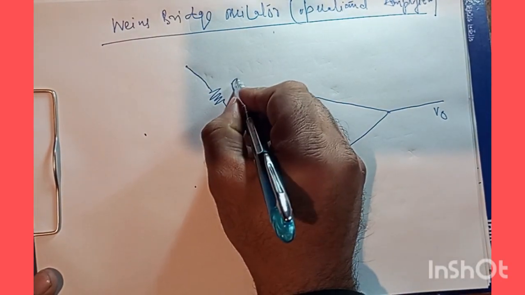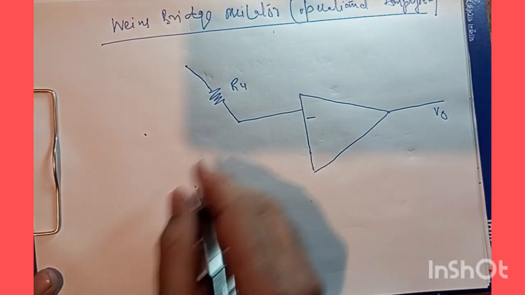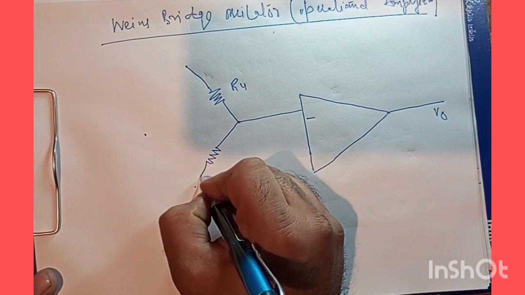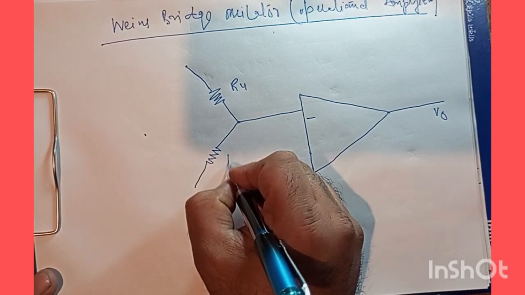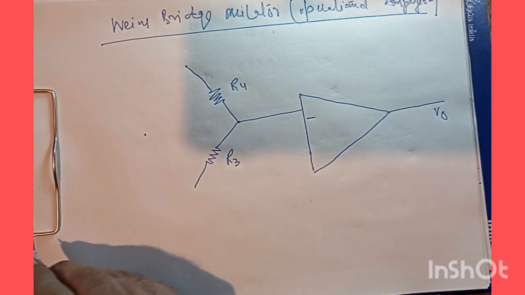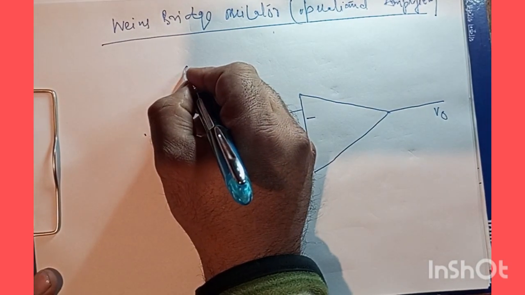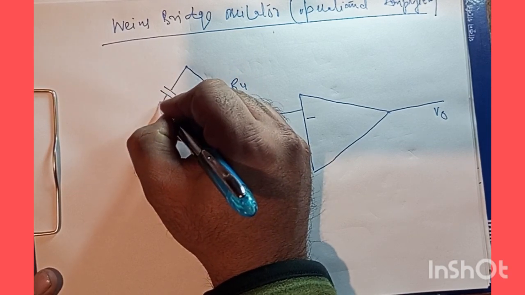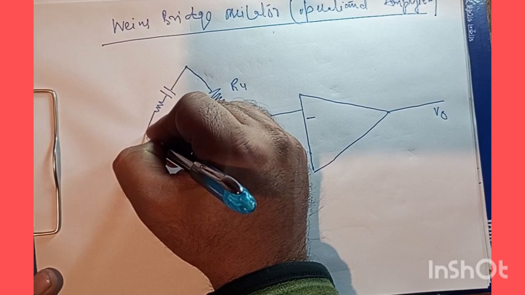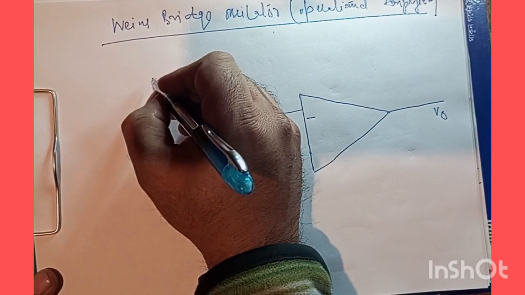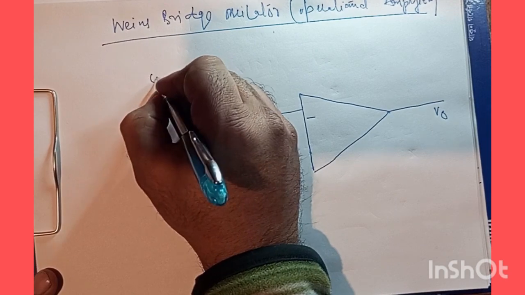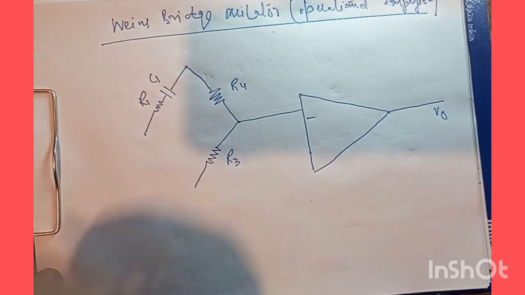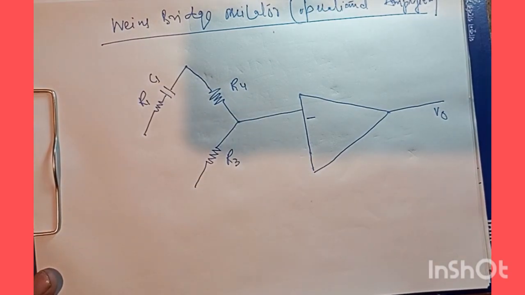Say this is R4, and here we have another resistance. Say this is R3, and here we have a series RC combination. Let me assume that this capacitor has a capacitance of C1, and let me have R1 as the resistance of this resistor.